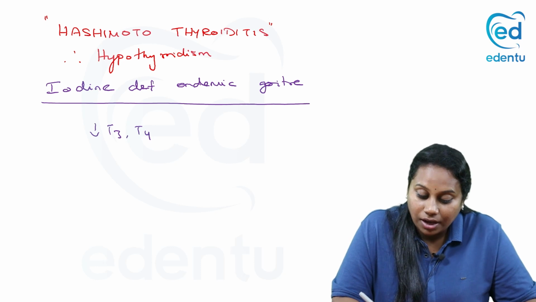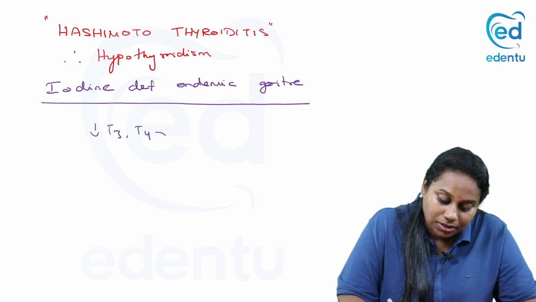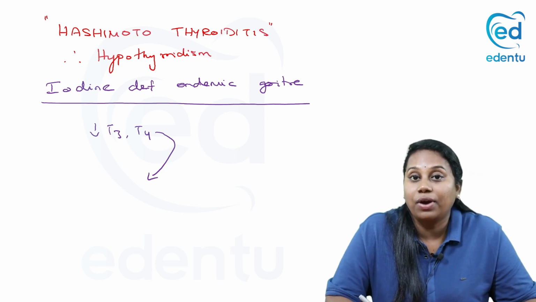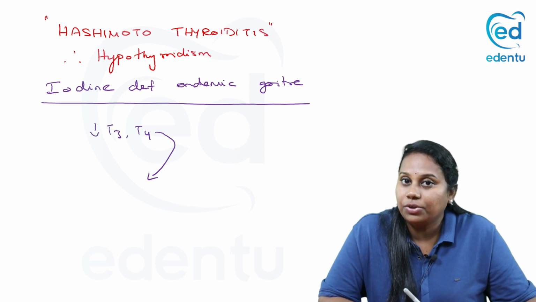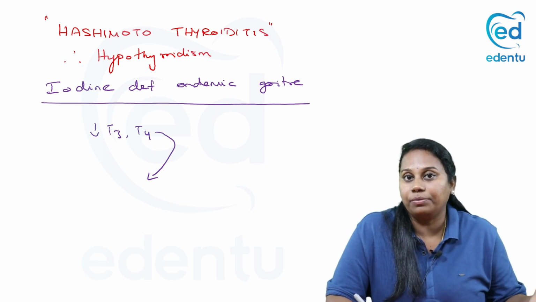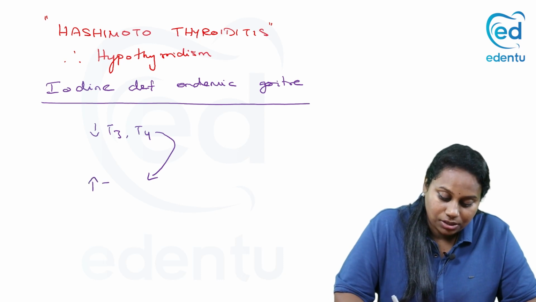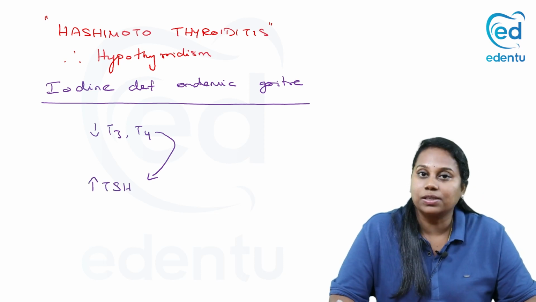So when you have iodine deficiency, T3 and T4 decrease. As a result, this will give a negative feedback on the anterior pituitary. So the anterior pituitary will think, okay, T3 and T4 are being less produced, so let me produce more TSH. So there is an increase in TSH.